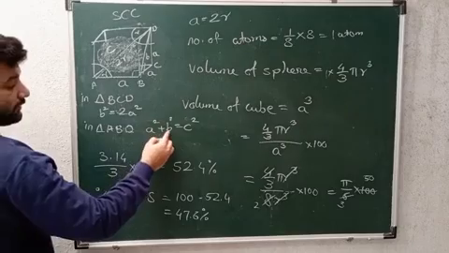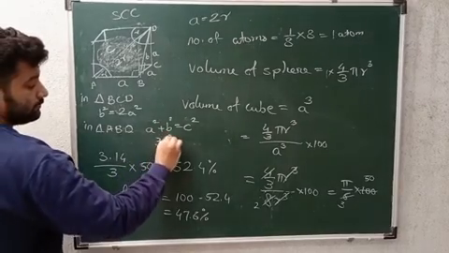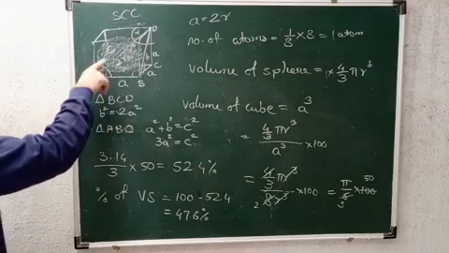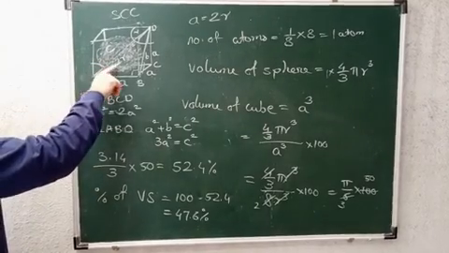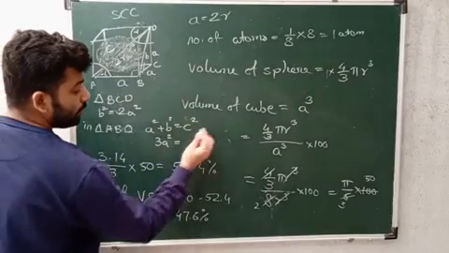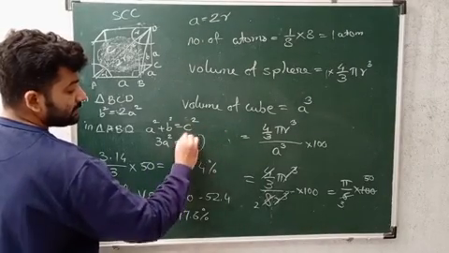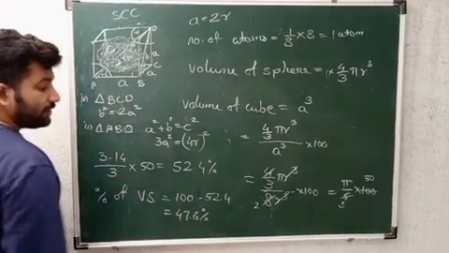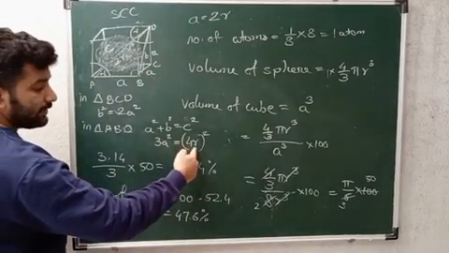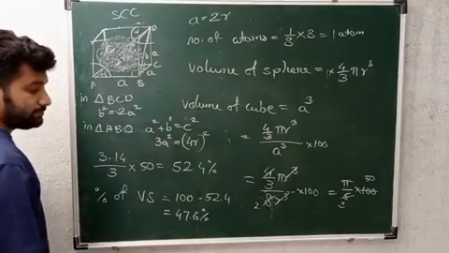Substituting the value of B square, we will get 3A square is equal to C square. And we know the value of C, R plus 2R plus R, means C will be total 4R, and then we will substitute the value of C and square it. Value of C is 4R, so we will have 4R square.